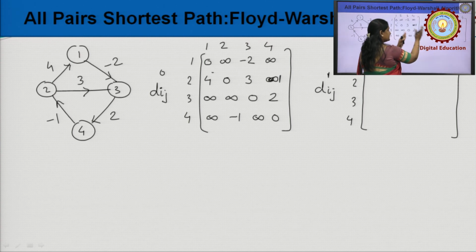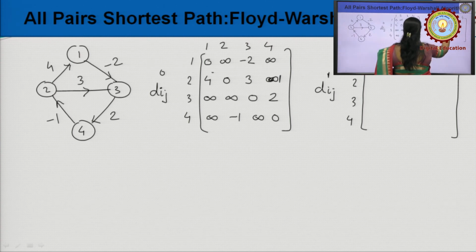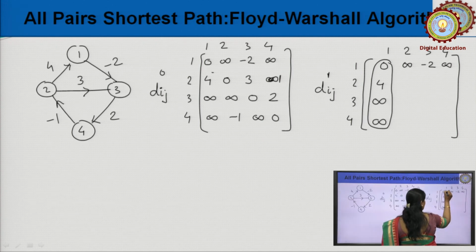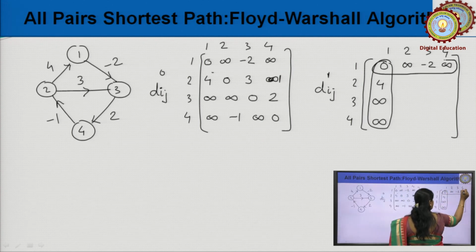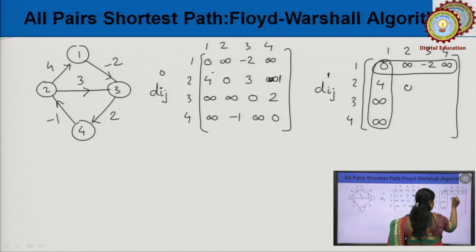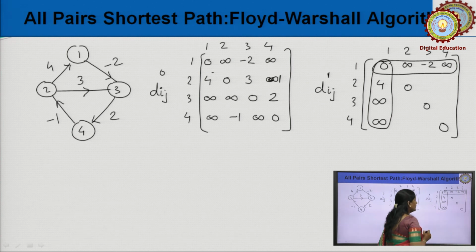Always copy from the just previous matrix: 0, infinity, -2, infinity, 4, infinity, infinity. So we copy the first row and first column. There is no self loop in the graph, so all the diagonal elements are 0. Now we calculate the value of 2, 3.